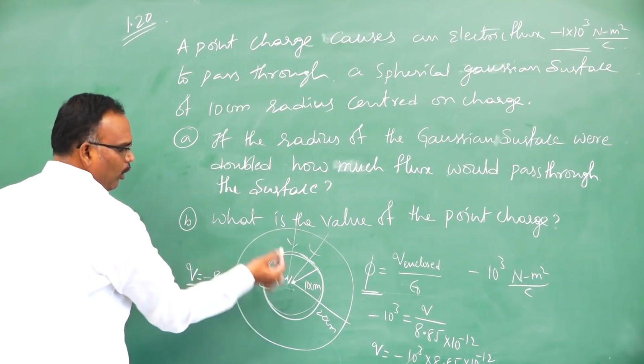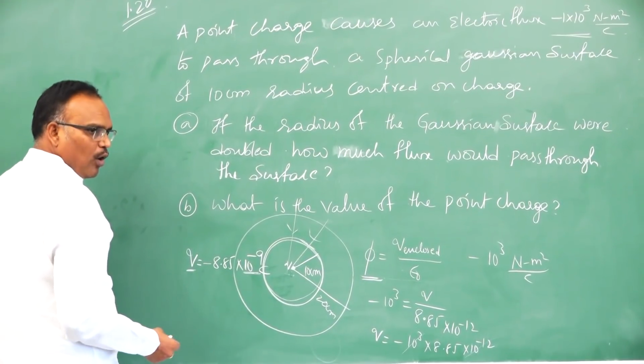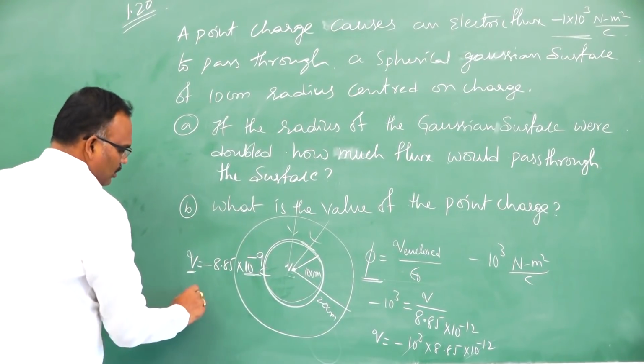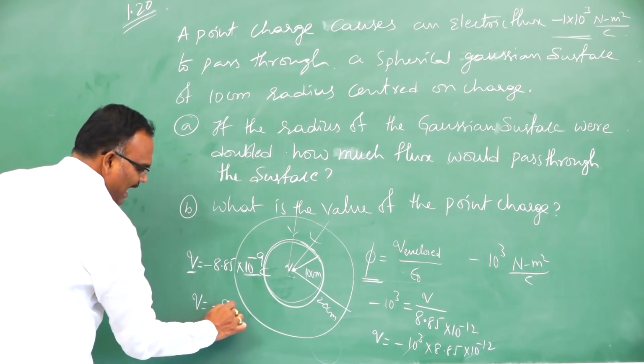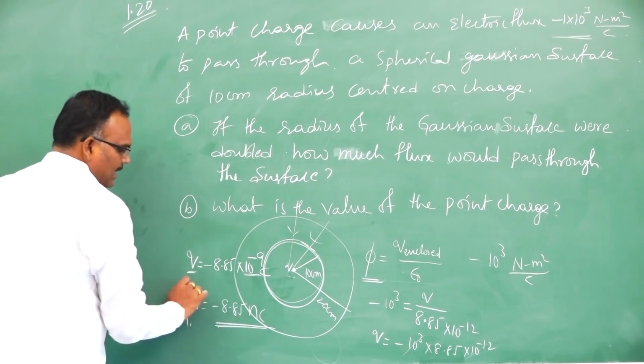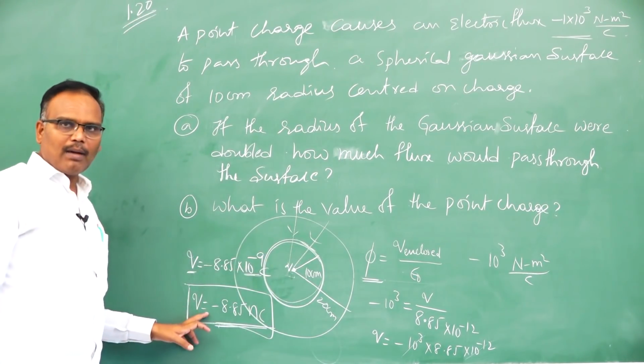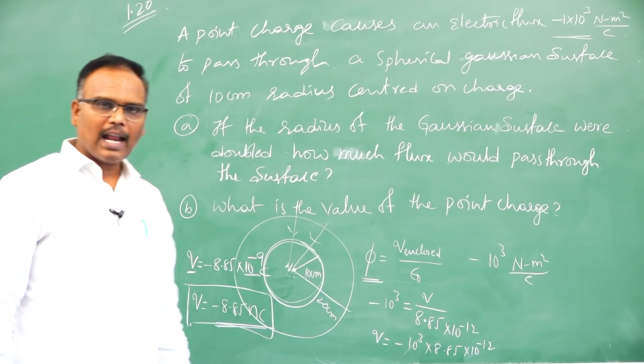Charge unit is coulomb. 10 to the power of minus 9 is also called nano. So that's why charge is minus 8.85 nano coulomb. Charge inside this spherical Gaussian surface is minus 8.85 nano coulomb.